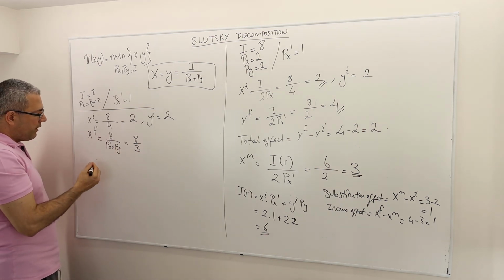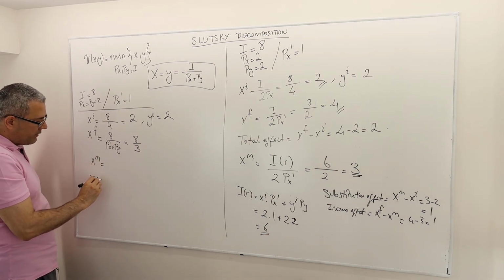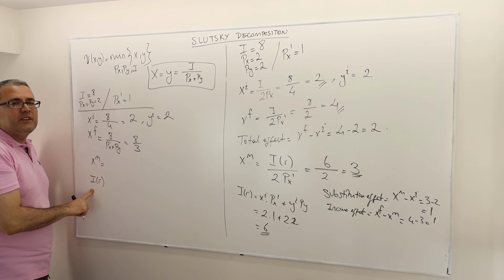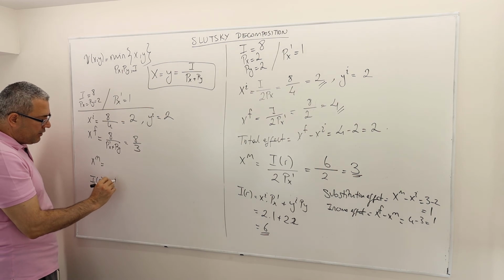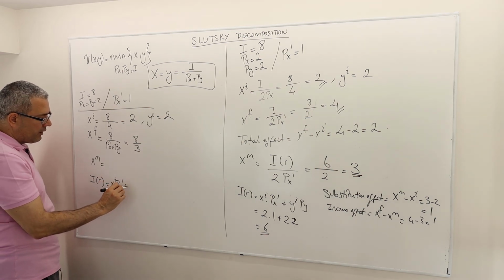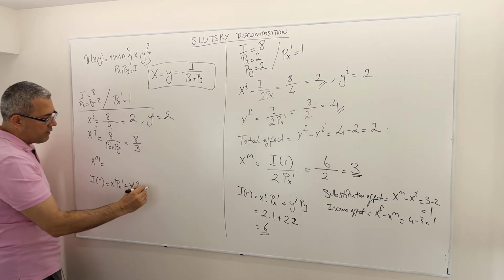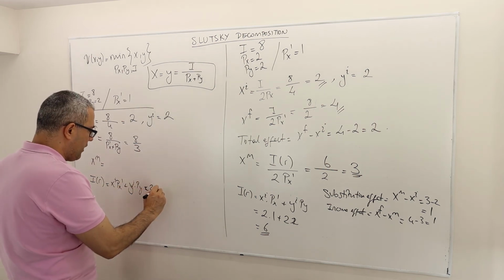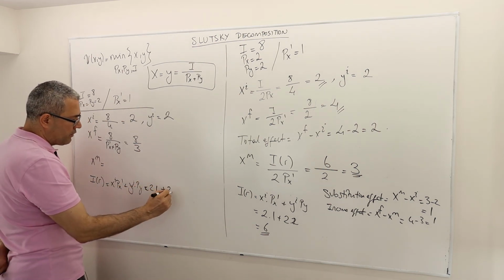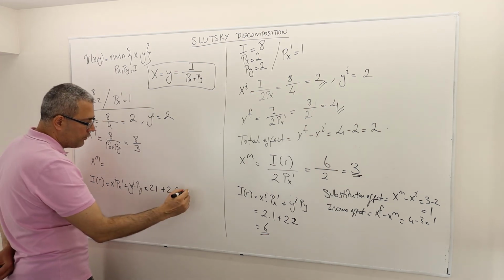All right, so what about xm? Well, I need to calculate the intermediate, what is the cost of buying my initial bundle at new prices, meaning x initial times px prime plus y initial times py. The x initial was 2 times px prime, which is 1, plus y initial was 2, py is 2, so it's 2 plus 4, which is 6.